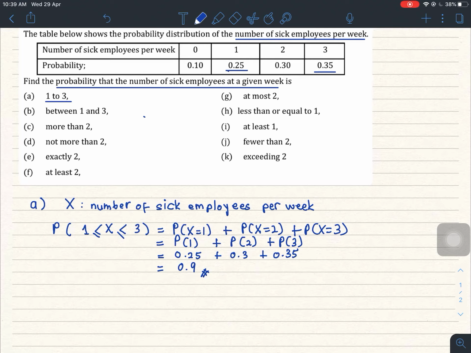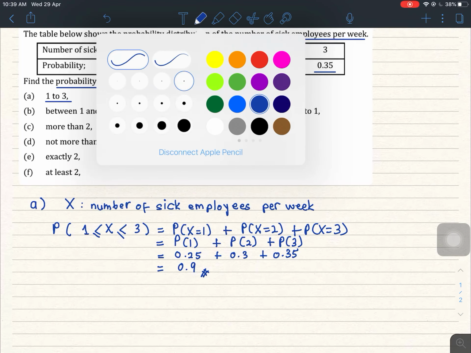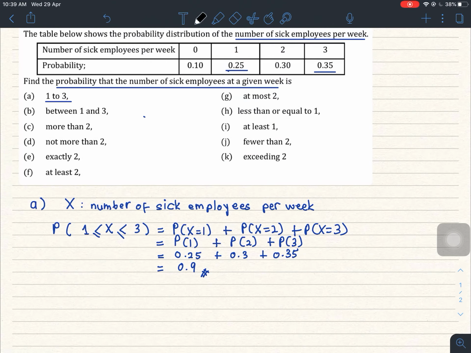Now, part B. What's the difference between part A and part B? Part A is from 1 to 3, where 1 is included and 3 is included. But for part B, between 1 and 3 means that 1 and 3 are not included.